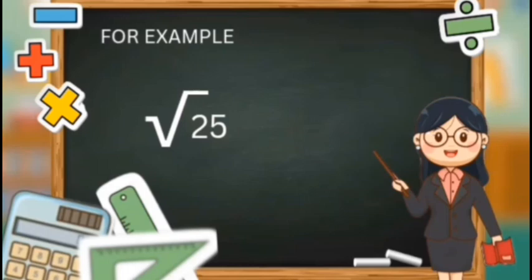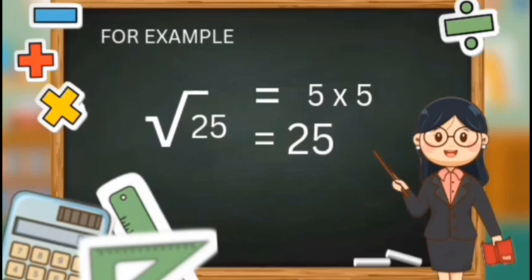So we will multiply numbers by themselves until we get 25. If you multiply 5 by itself, then the answer is 25. The root is the number 5, because this is the number you multiply by itself to get the answer.